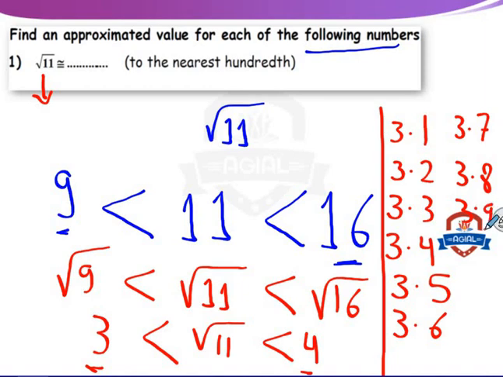So here the square root of 11, it will be what? So you will find the square of each number here, okay?